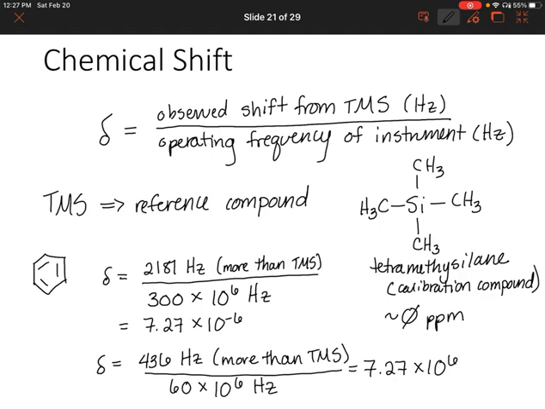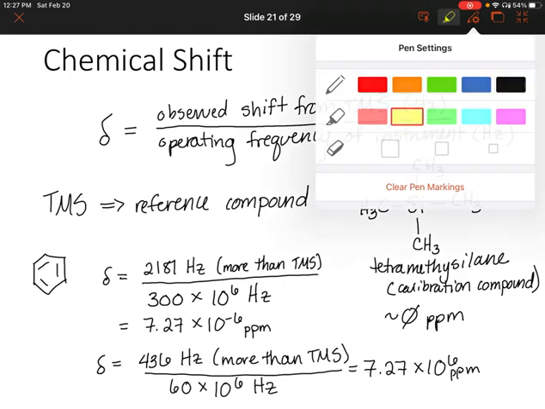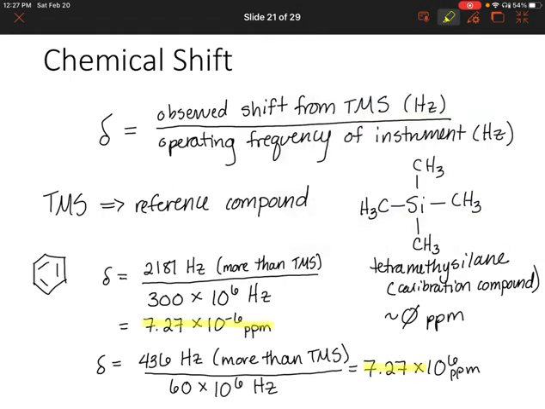7.27 times 10 to the 6th. And this is in parts per million. Oh, parts per million. So it really doesn't matter what instrument you use. The chemical shift of your compound is going to be exactly the same, whether you're using a 300 megahertz instrument or a 60 megahertz instrument.